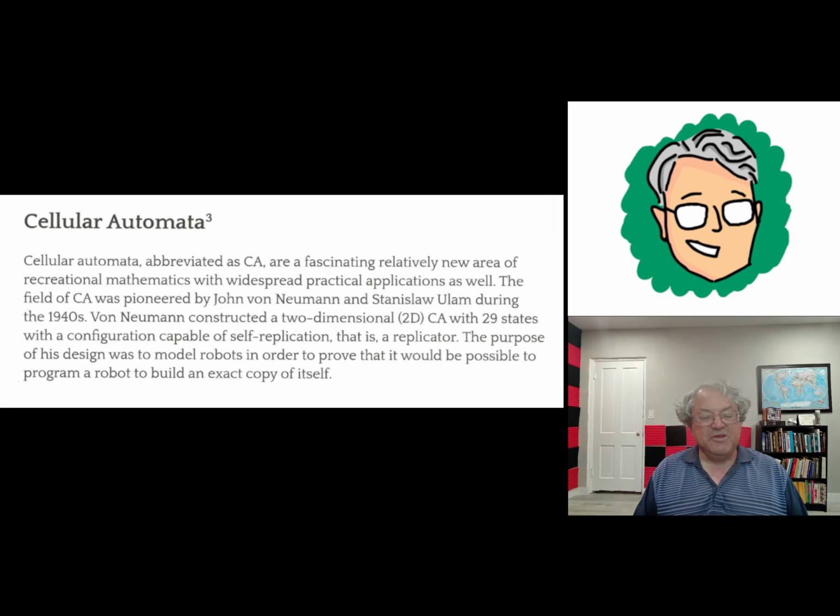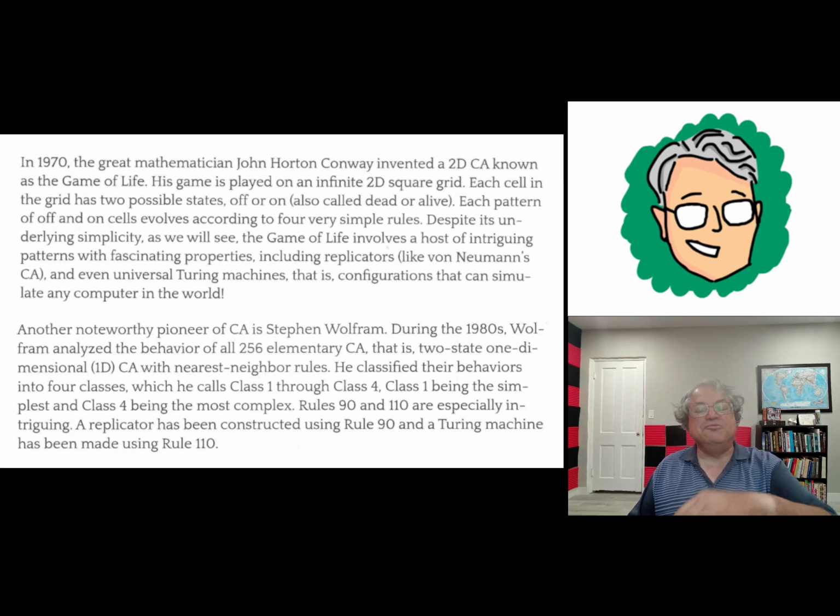Maybe I should just talk about a specific example, Conway's Game of Life, because that's the most famous one. I'm going to talk about two examples today, really. There's a lot more, but in 1970, a very famous mathematician named John Horton Conway developed, I think, the first two-dimensional cellular automata, called Conway's Game of Life.